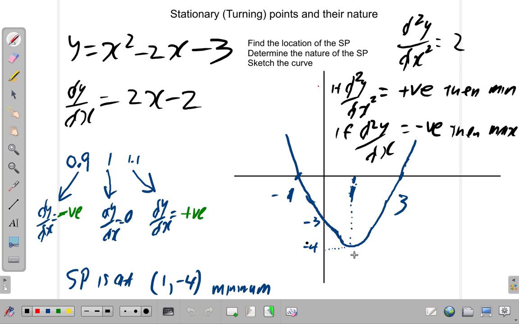So you have a minimum point. You're going down and then up. The fact that d squared y by dx squared for this is 2 means that you have a minimum point.